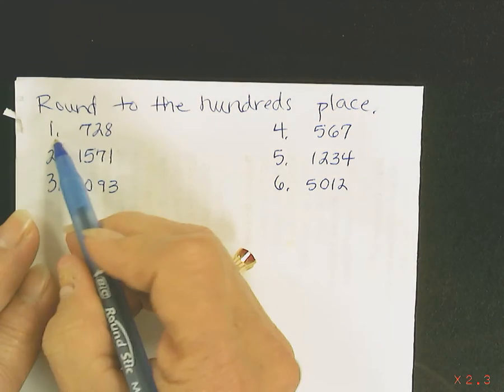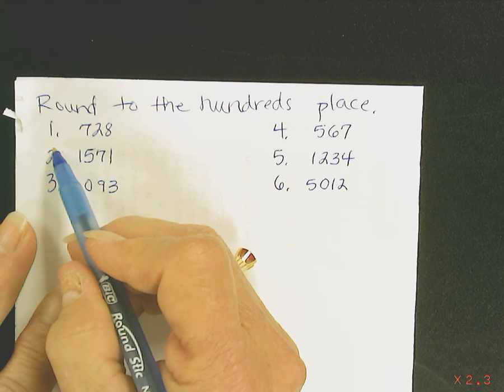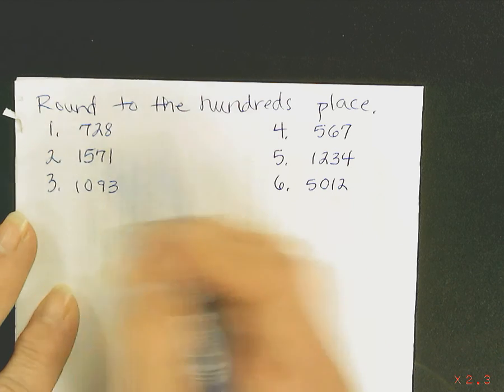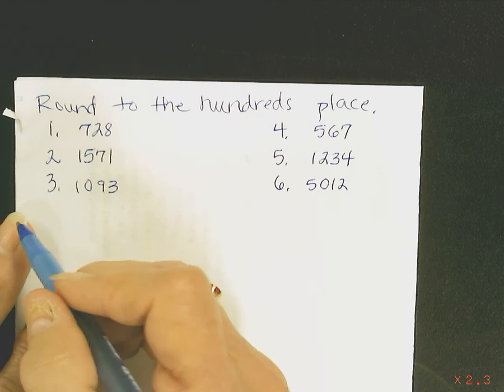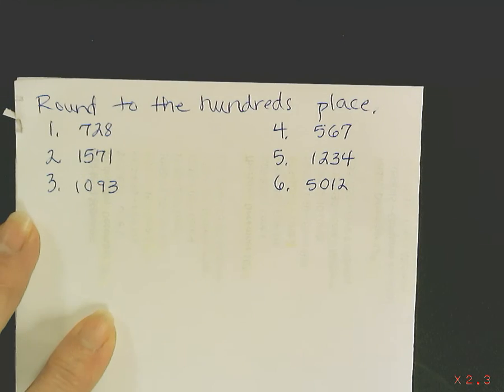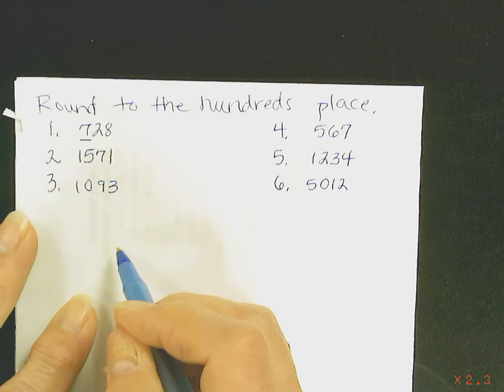So as I look at this first number, Jacob, what digit is in the hundreds place? Wait, say it. What number is in the hundreds place that I'm rounding to? We're doing number 1. What number's in the hundreds place? 2. No, 2's in the tens place. 7 is in the hundreds place.